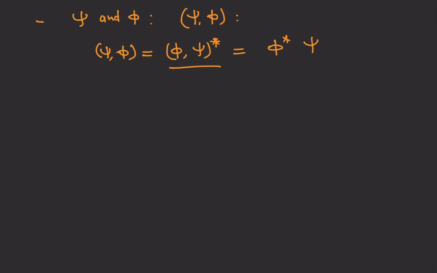Now the next property of the scalar product is that the scalar product of psi with phi is linear with respect to phi.